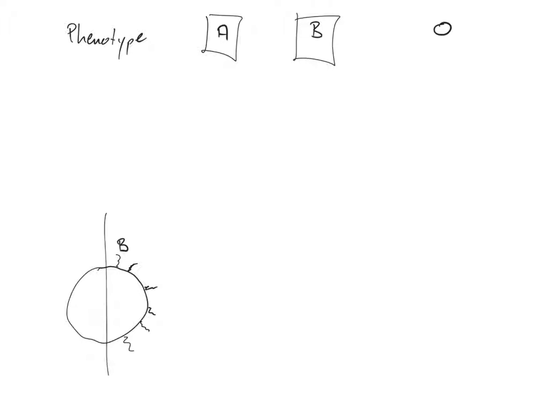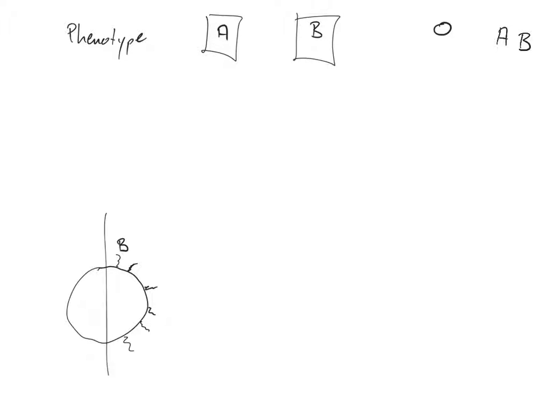We rarely see blood group O, and that's because we only require the presence of one allele to produce A or B. The final blood group that we have is AB.